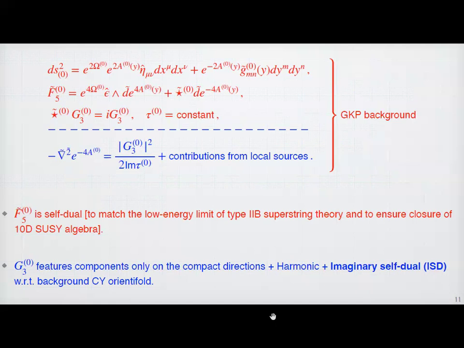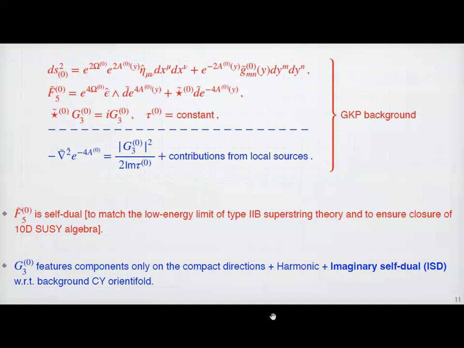So this is the GKP background. I have written it here. So it is the warped metric. I have explicitly written the F tilde 5 Ansatz for the background, and some properties G3 should hold, and the axiodilaton is taken as constant.